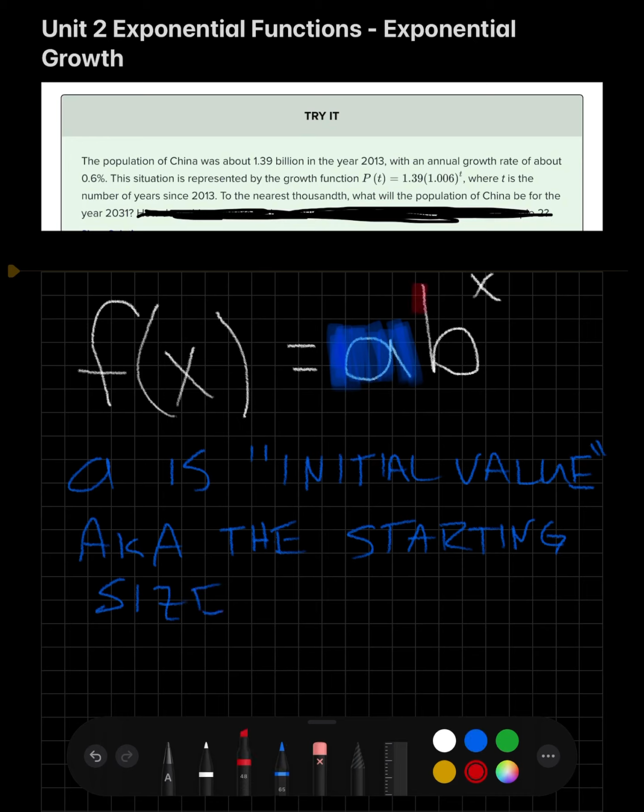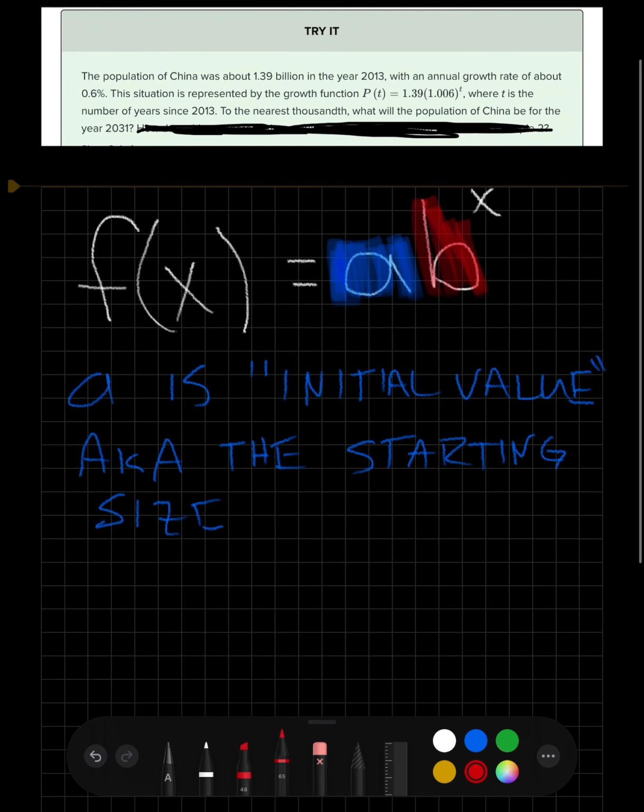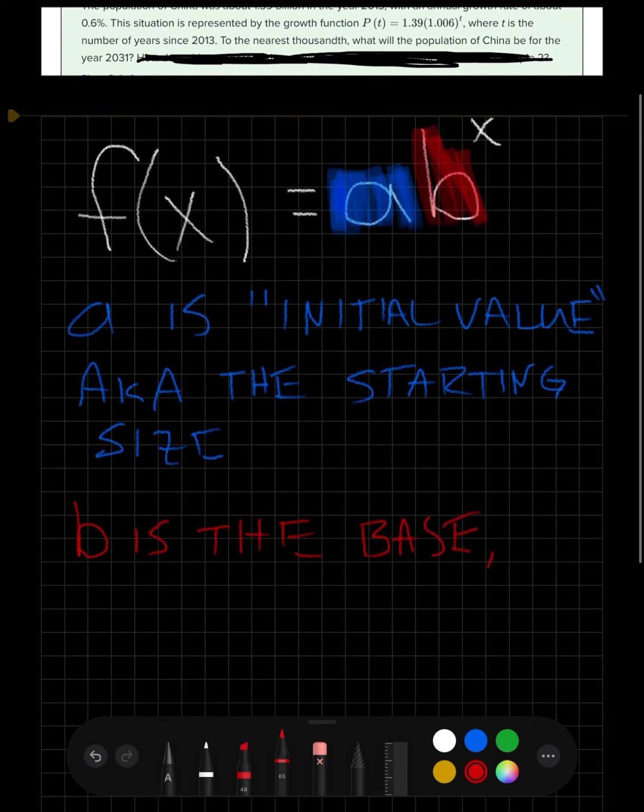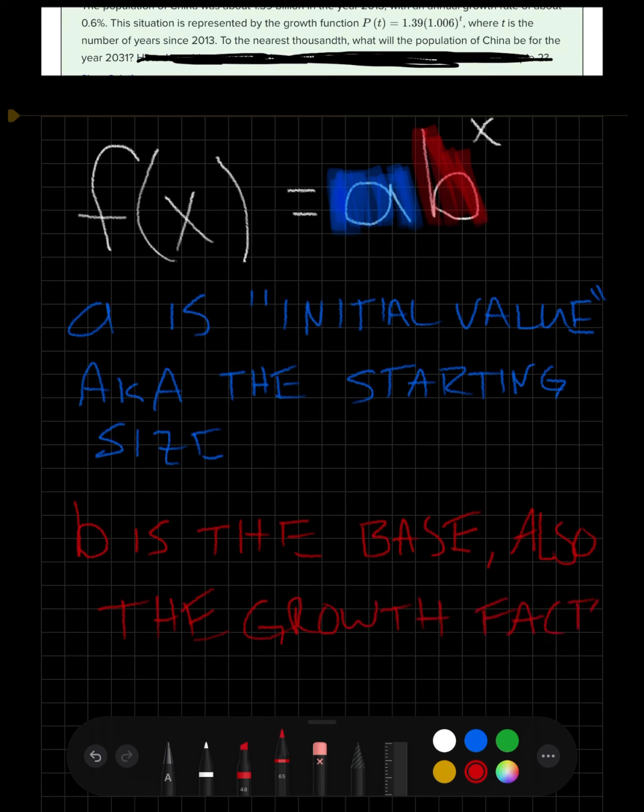B, this value of B here, is the base of our exponential function. B is the base, but it's also the growth factor. It's the rate at which this is increasing.